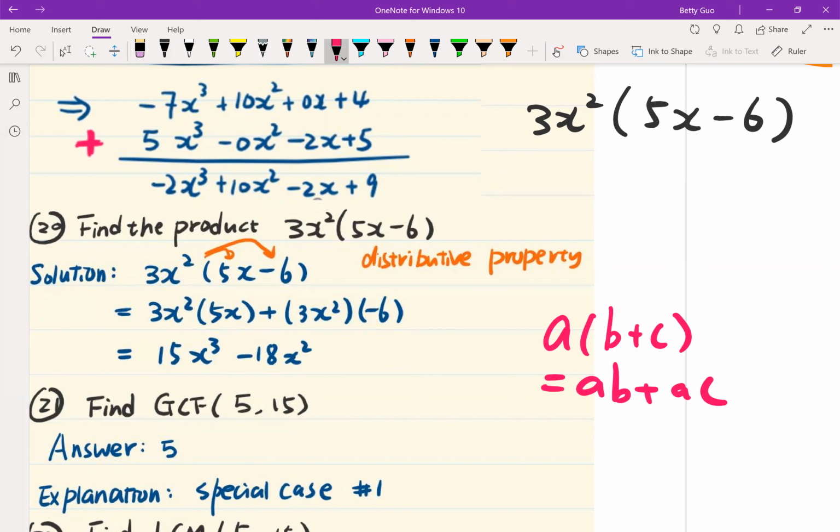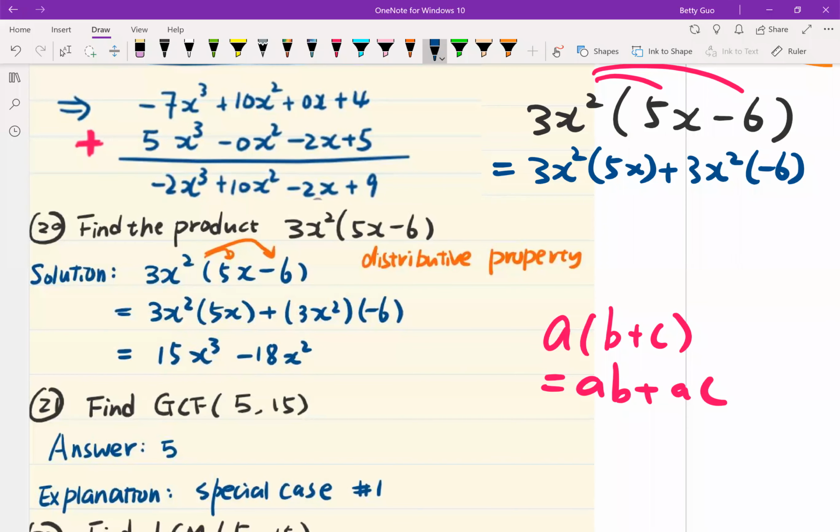So this is how we do that. We're going to use 3x squared times 5x plus 3x squared times -6, all right? 3x squared times 5x, what is 3 times 5? 15. What is x squared times x?